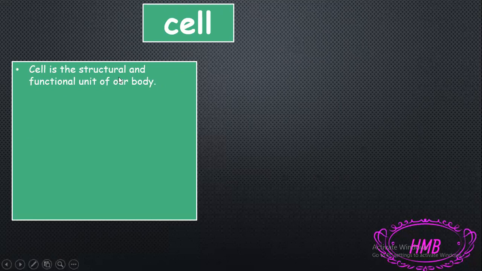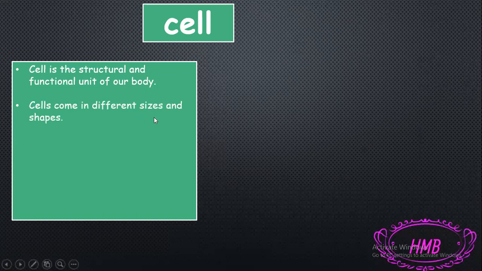It means it makes every part in my body. And also cells are functional units. Functional means that all the functions that my body makes are all done by these tiny parts. So cell is the structural and functional unit of our body.